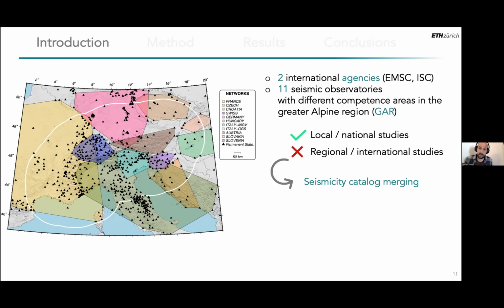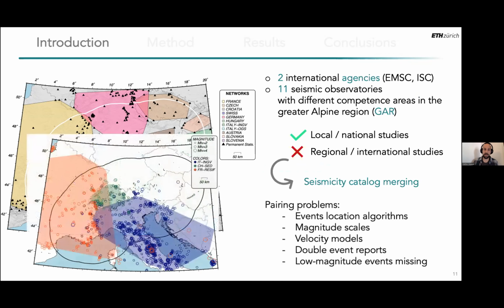In fact, seismicity catalog merging is somehow a painful procedure because of the different event location algorithms, magnitude scales, and velocity models adopted by the individual observatories. In fact, doublets may occur, and it's especially difficult to pair low magnitude events because, of course, of the problems that I mentioned before.